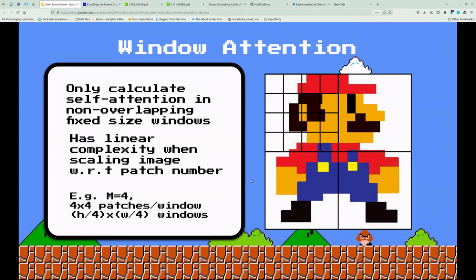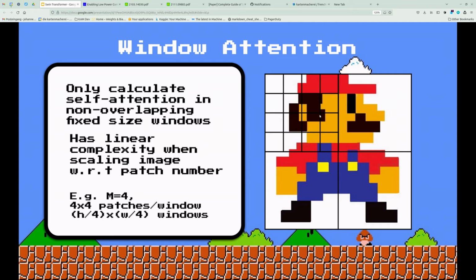Now, one thing they noticed is that, okay, now that we have all this attention computed, we have one problem, and that is we don't have relations between the windows actually. So for example, how is this patch here related to this patch here? Might be important in some ways, right?